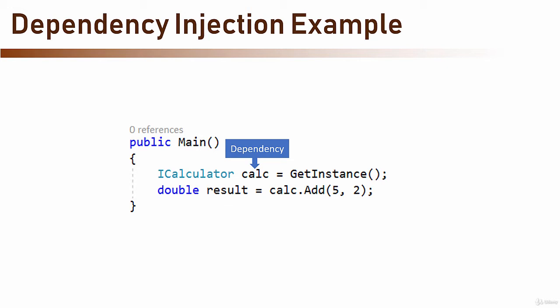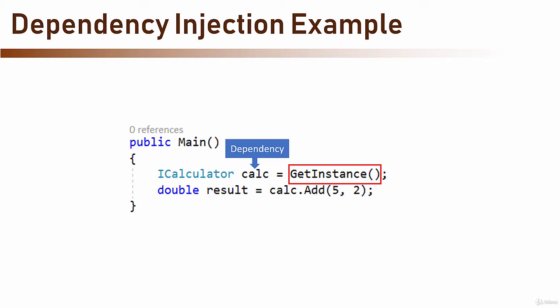Using the dependency injection technique, we are able to inject a concrete implementation or a class to the interface representing the dependency without the main class knowing which concrete implementation is used. If we look closely at the code, we can see the dependency injection happening at the getInstance line. In this line, the getInstance returns a class that implements the iCalculator interface.